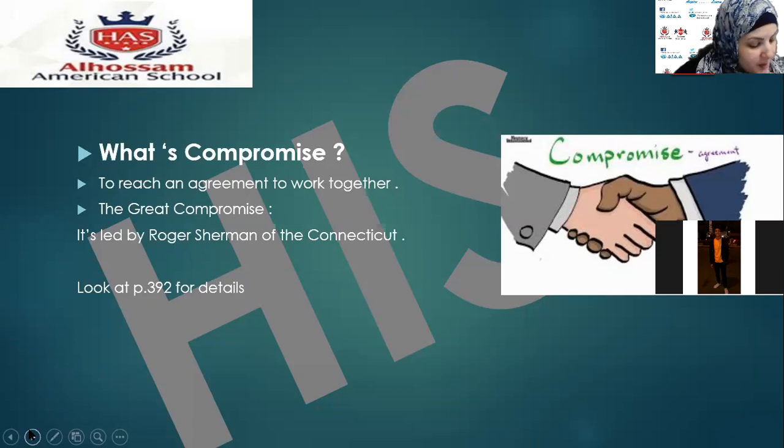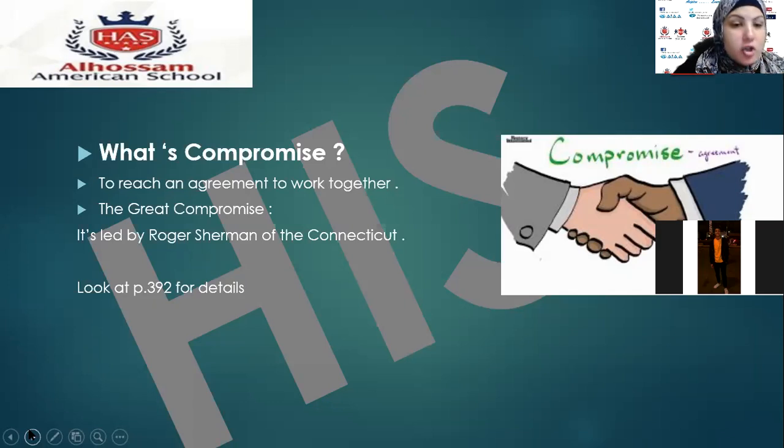In one house, representation would be based on the population of each state, and in the other, each state would be equally represented. So this man tried to make a sort of agreement between states with huge population and states with minor population.